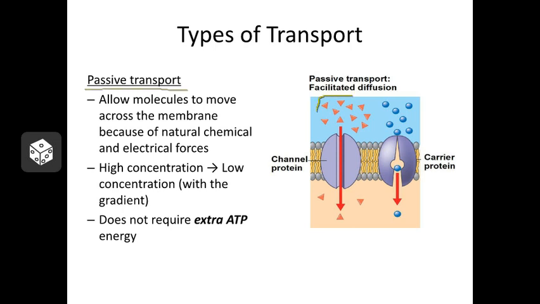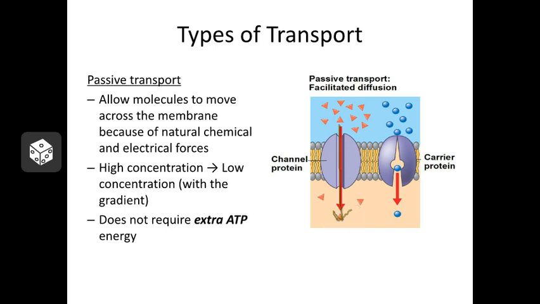Remember that molecules generally like to move from areas of high concentration to low concentration, down the concentration gradient. So here we see that. We see that these little triangles are crowded on the extracellular side, and they are less crowded inside, so they want to flow through the membrane and spread themselves out, moving from high to low concentration.